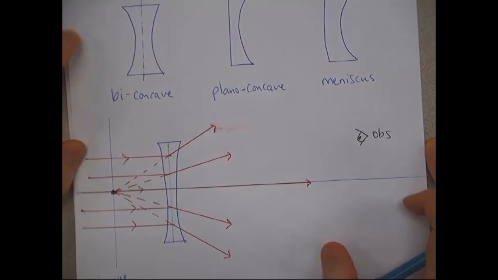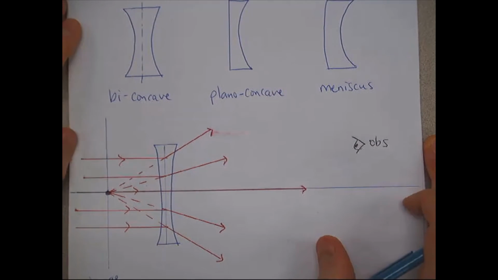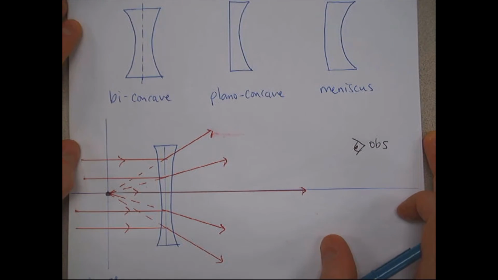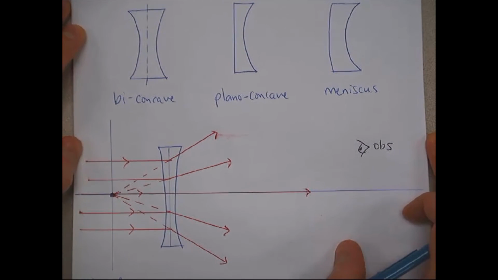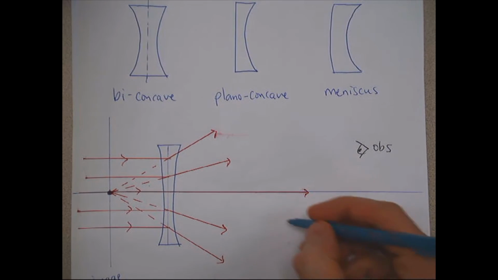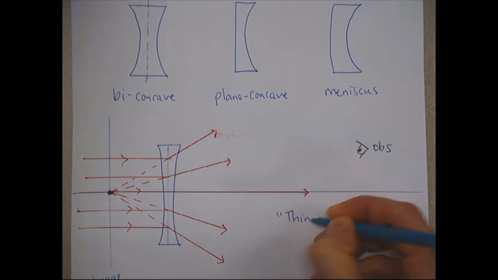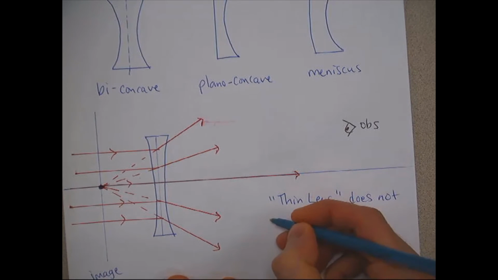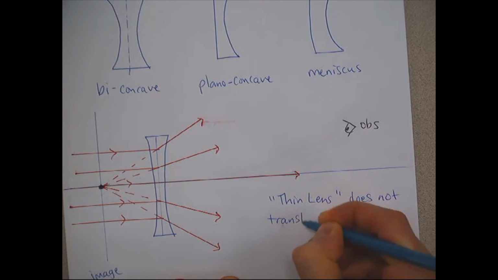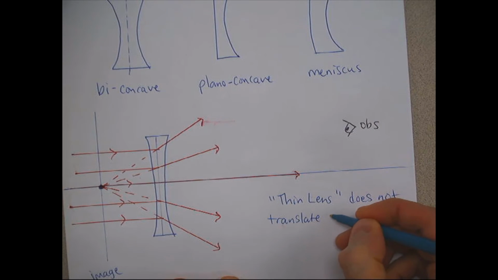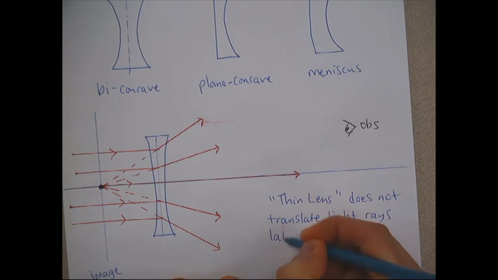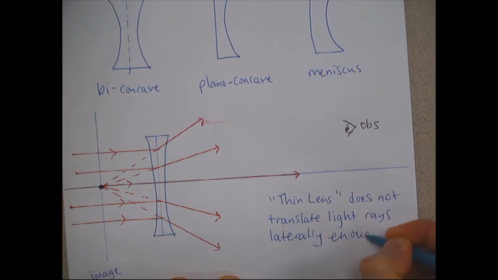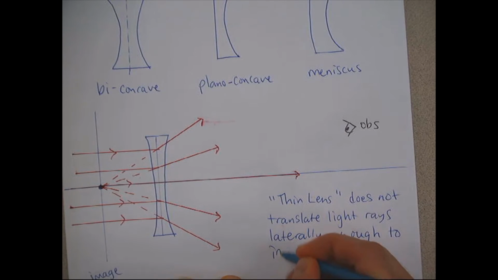The label of thin lens, this is the type of lens that we're going to use exclusively in this course. A thin lens does not translate light rays laterally enough to introduce large errors.